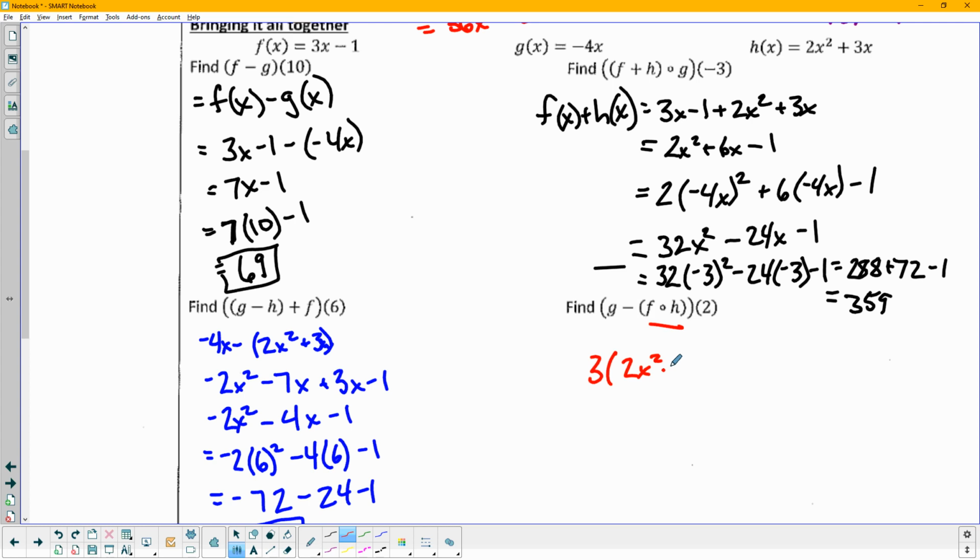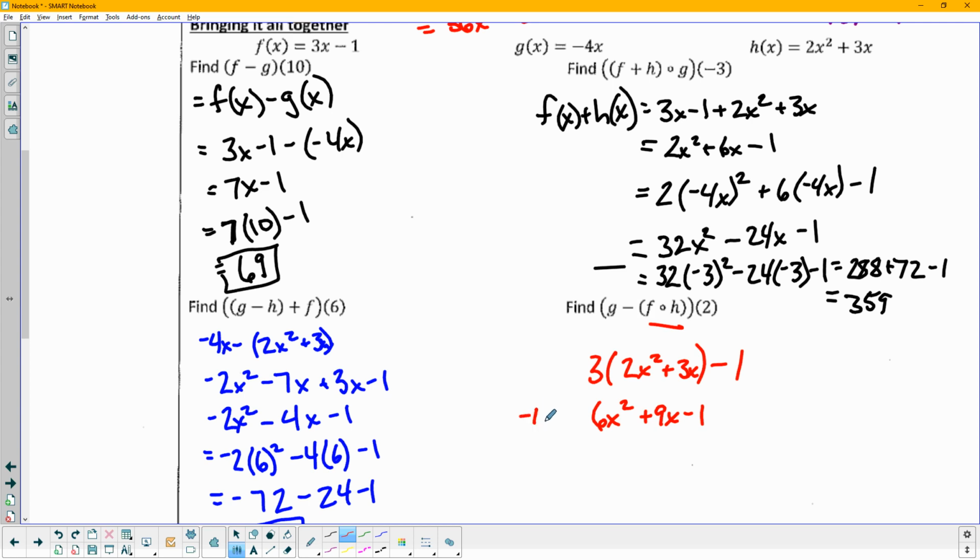2x squared plus 3x. So 3 times x, this is my x, and minus 1. So let's see, that's going to be 6x squared plus 9x minus 1. And then I want to subtract in front of that, I want to go g of x minus that.